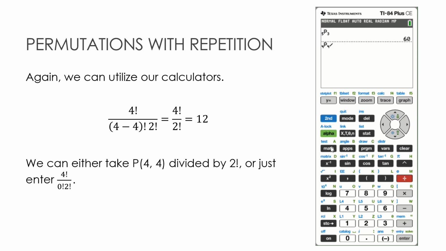So where do I find factorial? Well, I'm going to write my 2, then go back to math, and arrow over to the same place, and notice it's just right here at number 4.